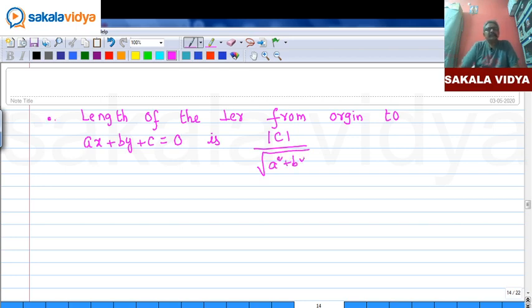So, this is the length of the perpendicular drawn from origin to the line ax plus by plus c is equal to 0, which is mod c by root of a square plus b square.